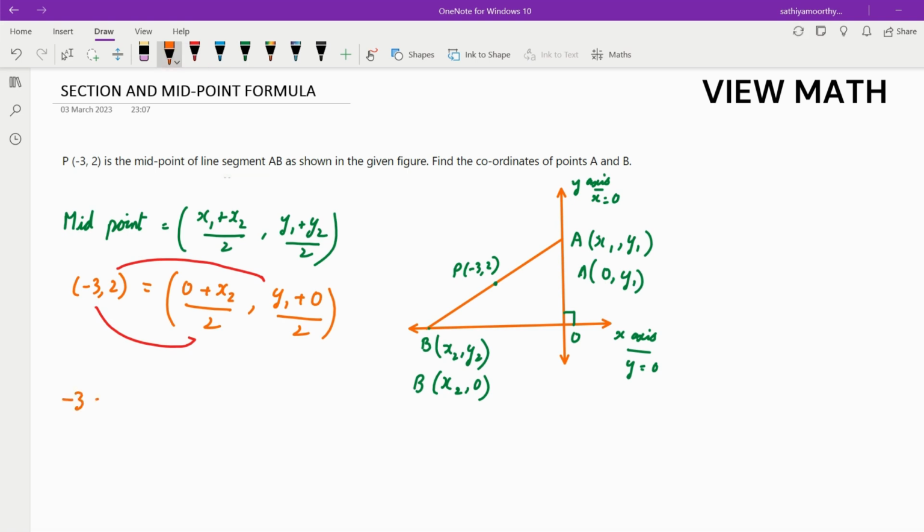Let me equate it. Minus 3 is equal to x2 by 2, since 0 plus x2 is x2 by 2. If I bring the 2 to the other side, it becomes minus 3 into 2 is x2. Therefore, x2 is minus 6.